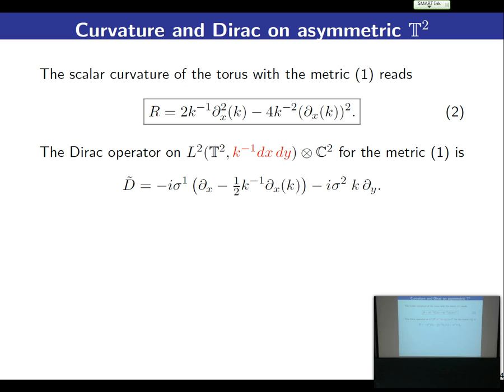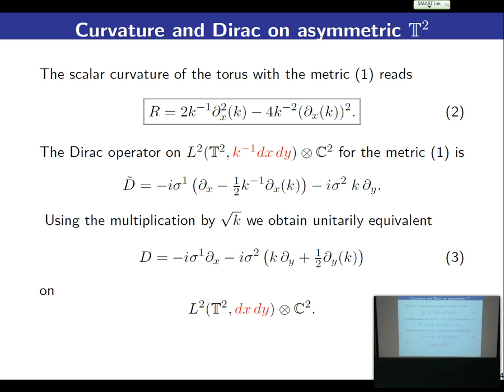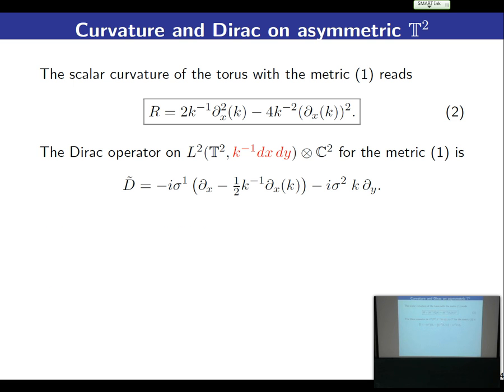One computes, as one wants, the spin connection, or just writes the 2-bein for that metric and easily guesses that the spin connection must look like that, and the canonical Dirac operator looks like that. But it acts on this space with this measure, the square root of the determinant of g, which is k inverse in this case.